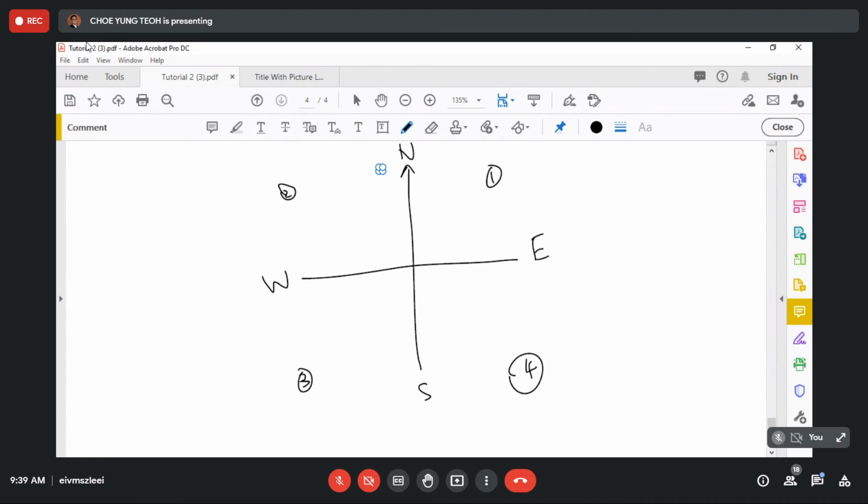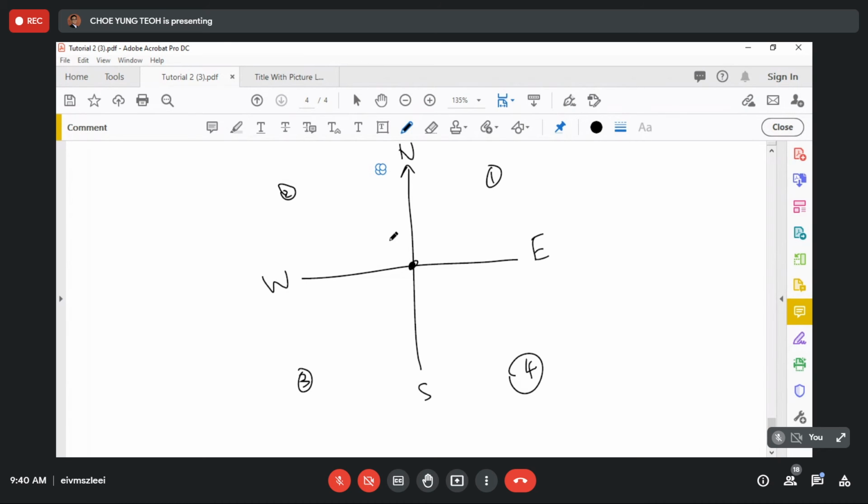So where is the location of the sun actually? Any answer? The sun is actually in 1, 2, 3, 4. Now this is Sydney. Sydney is at the middle.